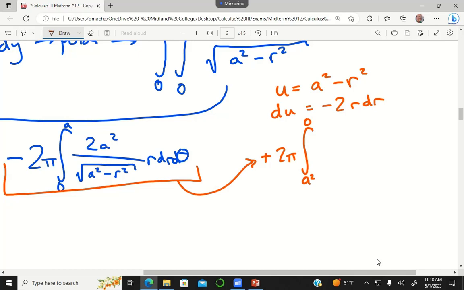On the inside now, I've got a squared divided by the square root of u, which maybe I'll just call u to the power negative half du. No, there's not a d theta.